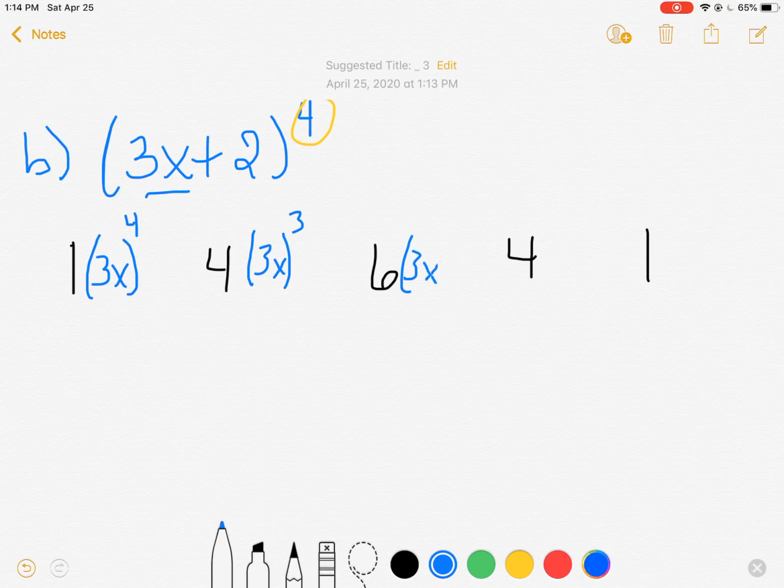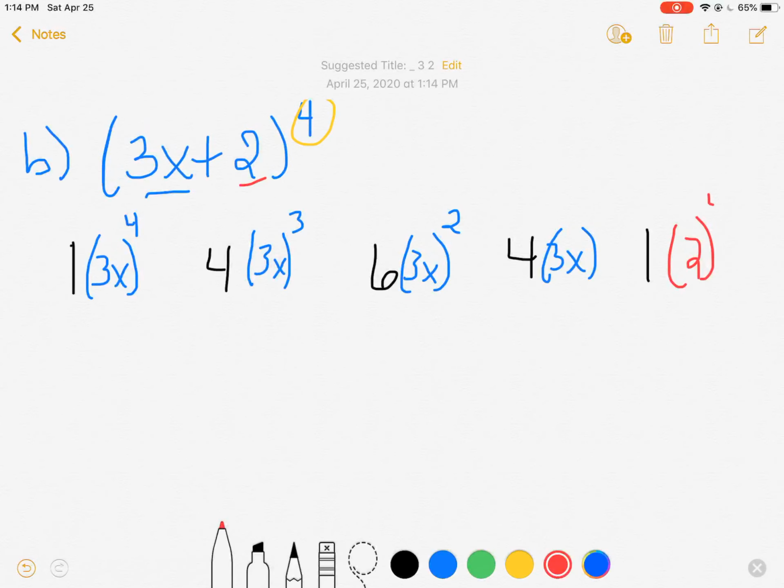And then with the 6, I'll have 3x to the 2nd. 3x to the 1st, no 3x. And then for the second term, I'll start down here. 2 to the 4th. 2 to the 3rd. 2 to the 2nd. 2 and no 2.